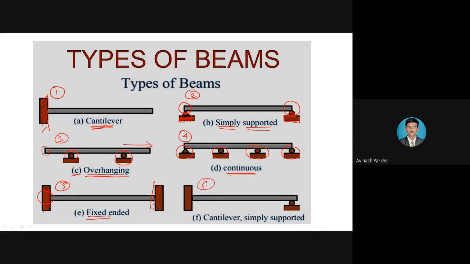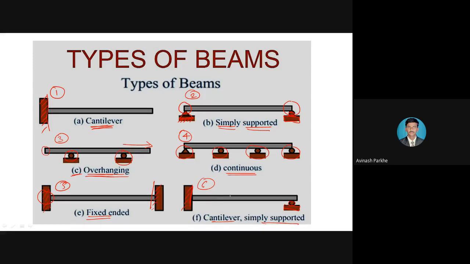And the last, the 6th type of beam, is called a cantilever simply supported beam. Cantilever means one end is fixed, you can see at the left side, and at the other end a roller support is given. That means figure number 6 is the combination of the cantilever beam and the simply supported beam. Why?